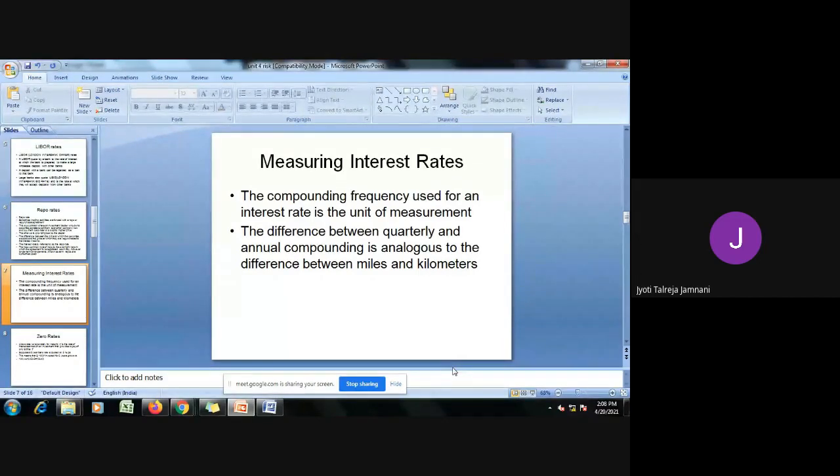The difference between quarterly and annual compounding is analogous to the difference between miles and kilometers. So if somebody tells you I have traveled 10 kilometers or somebody tells you I have traveled 1 mile, it's a similar kind. The interest rate will change a little bit if you get quarterly compounding because it's getting compounded 4 times in a year, and if it is annual compounding it gets compounded only once in a year.